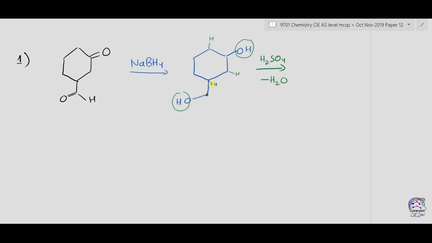So therefore two different types of products are formed. We could have a double bond between these two carbon atoms and between these two carbon atoms, or the double bond could be between these two carbons.